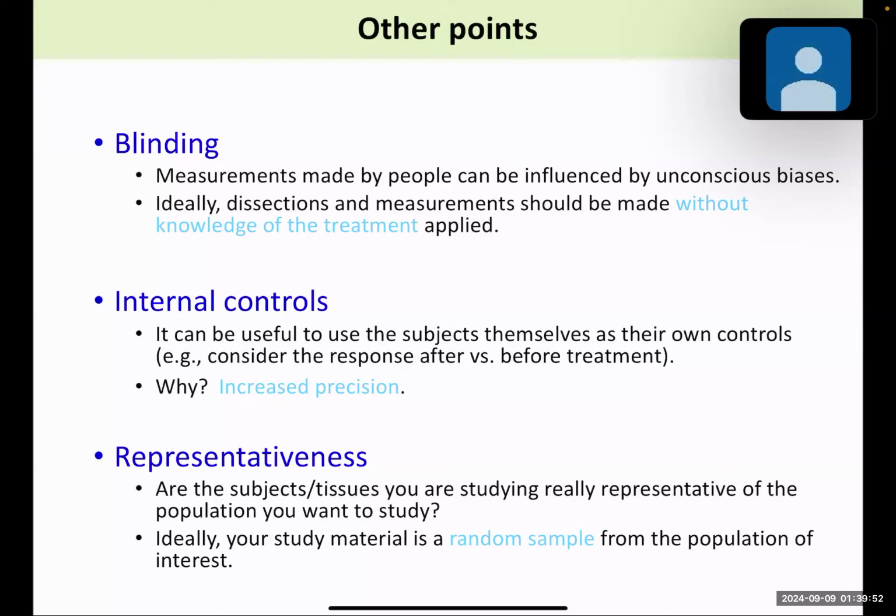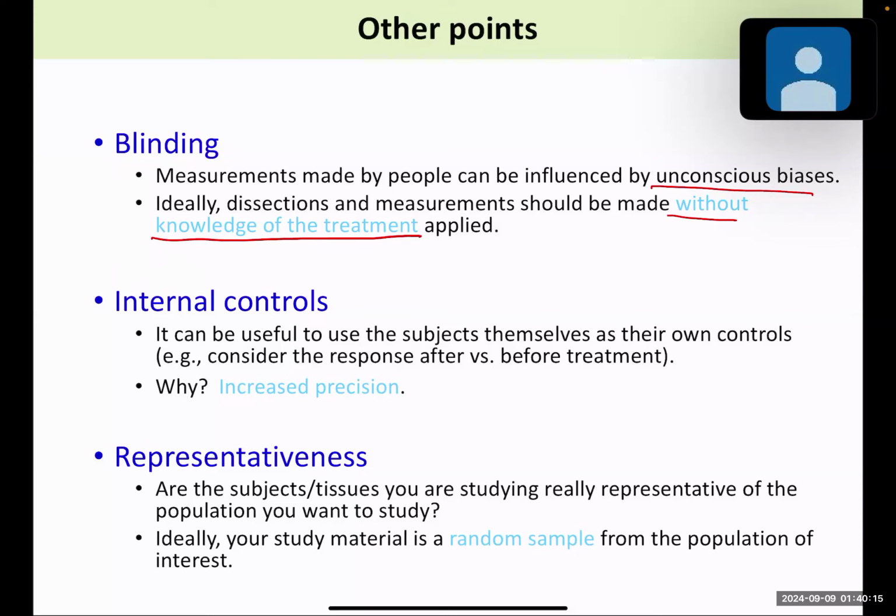So for example, blinding means measurements made by people can be influenced by unconscious biases. So ideally, you need to measure the samples without the knowledge of the treatment applied.